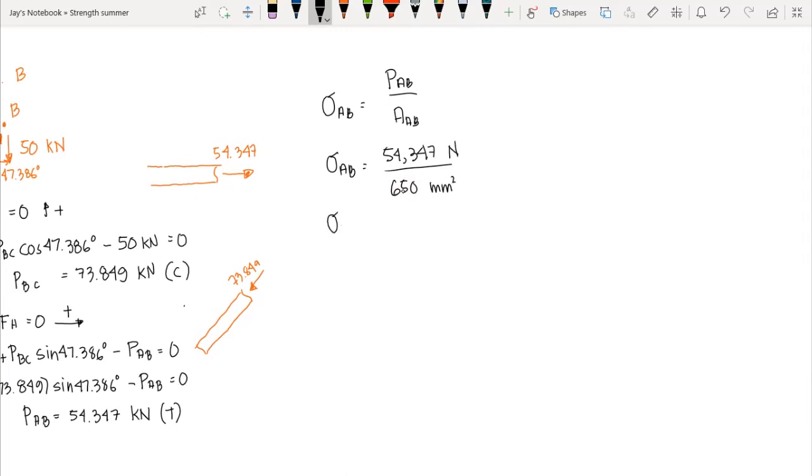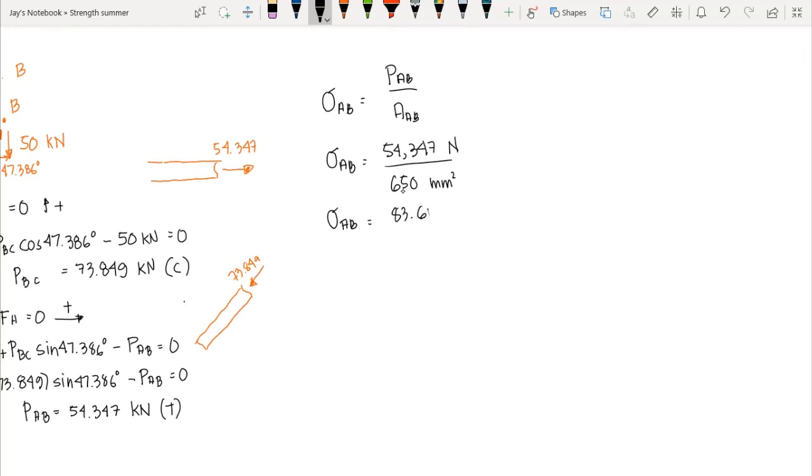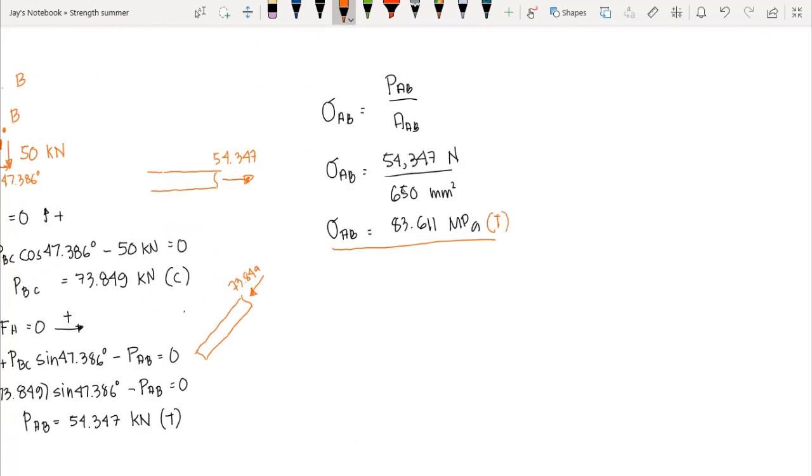So we have our normal stress for AB, 83.611 megapascal. So this is the normal stress of member AB, which is a tensile stress, correct? Since our axial force for AB is in tension.